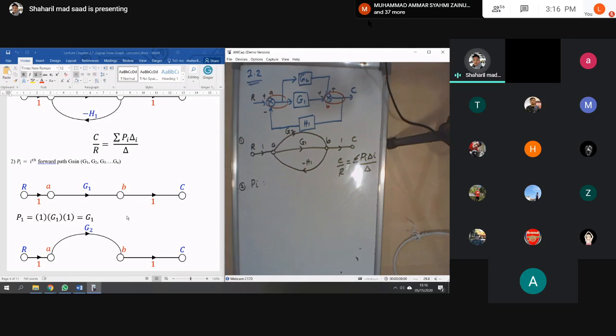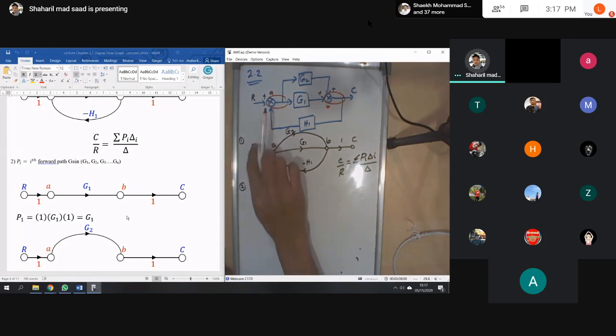Pi means the forward path gain, straight through. When you look at here, how many forward path gains do you have? I start with P1. Forward path gain means from the input it will go forward. So the first one is R. Only gain, that means 1 and G1 and 1, or H1.